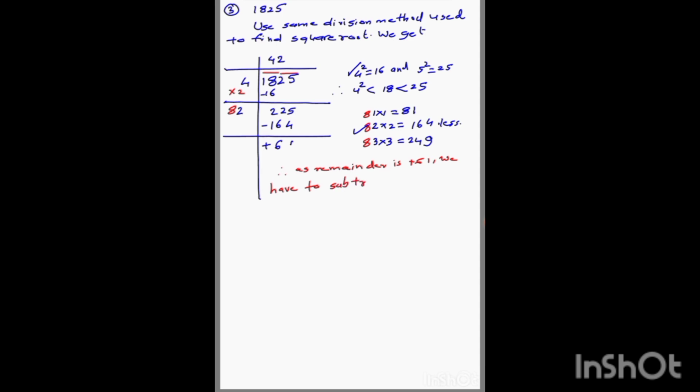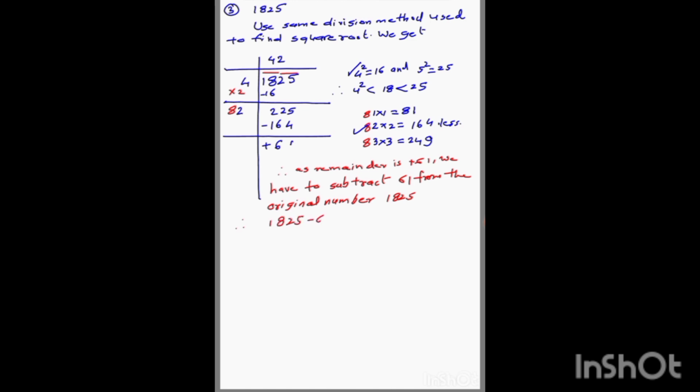They are positive. To get a perfect square, 61 is extra in that. You understand the meaning of this? So subtract this from the original number 1825 and the number you get will be a perfect square. So 1825 minus 61, remember this.